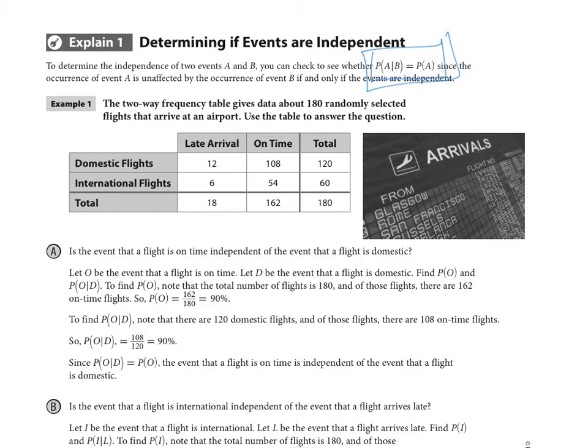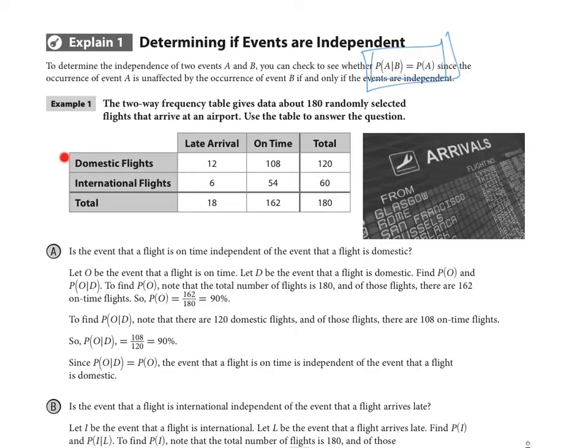So first off, we're going to find the probability that it is on time just in general. Well, all of our on-time flights are 162 total, divided by the total number of flights of 180. So our probability is 162 out of 180, or 90%. Then we're going to find, given that it's a domestic flight, is it the same probability for it being on time?